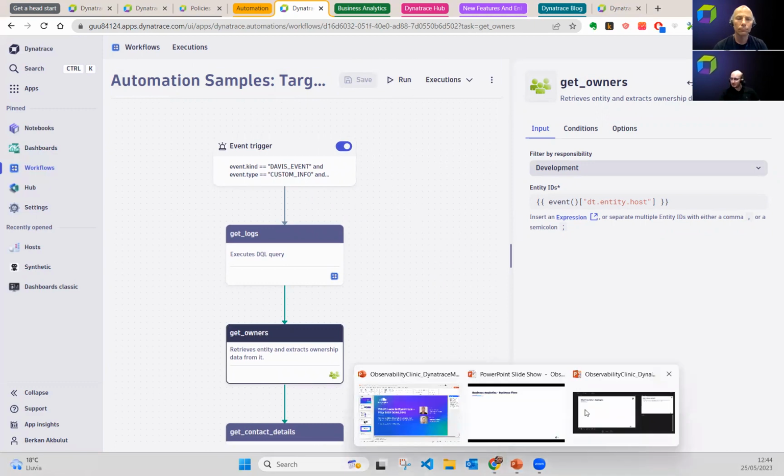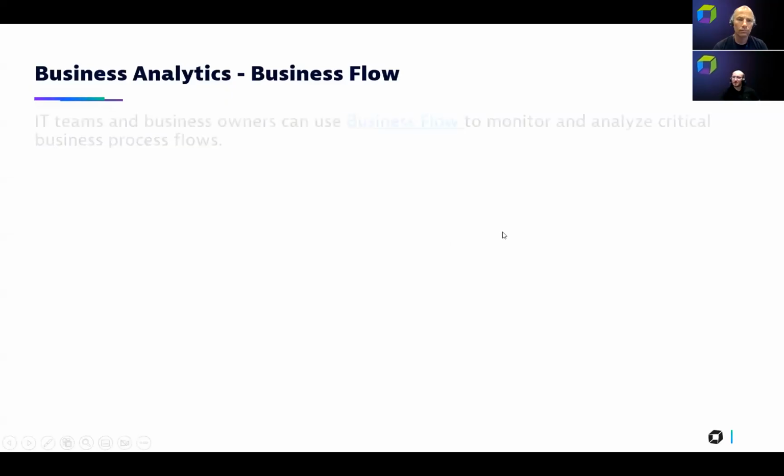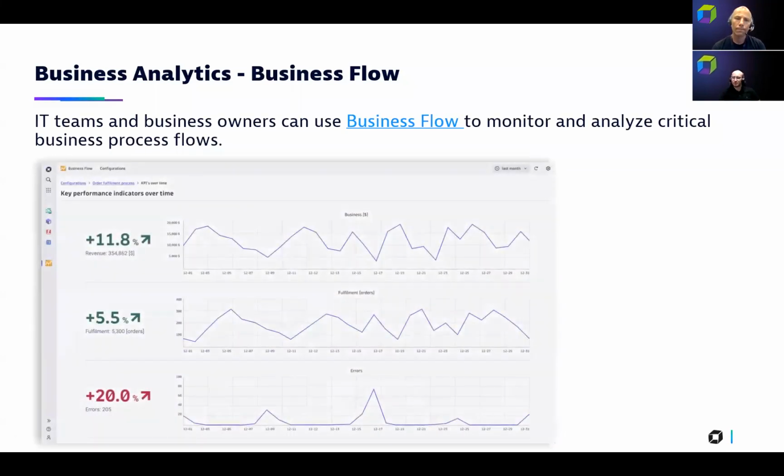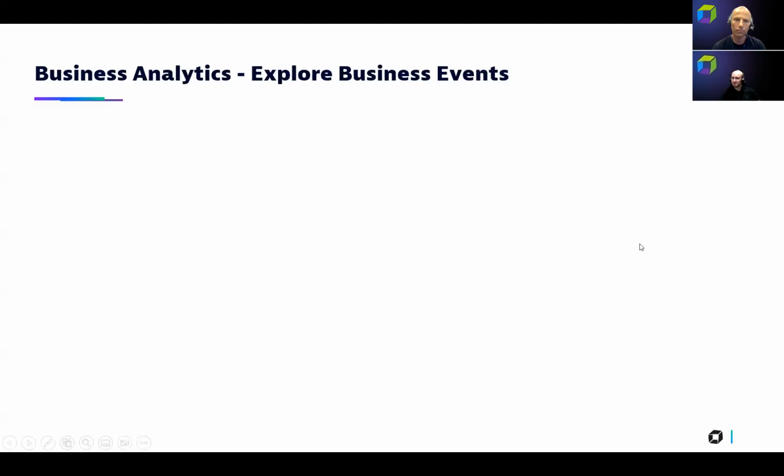Okay, so let's continue. We have the new business analytics applications. The business flow helps you to monitor and analyze your critical business process flows. This is just one example you can see in this tile. And I will also, of course, show you how it's possible to do.